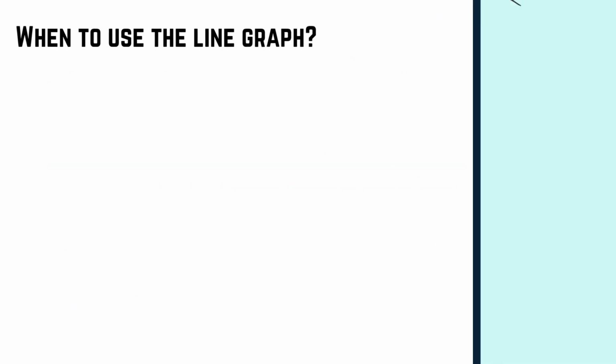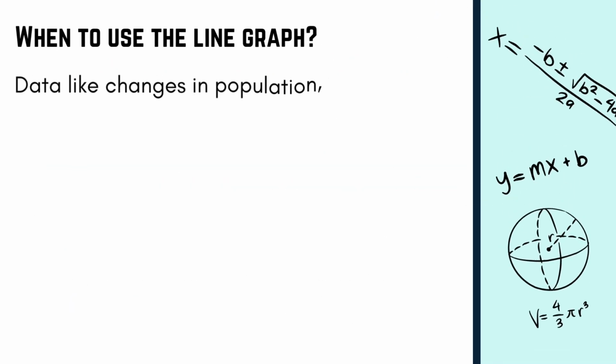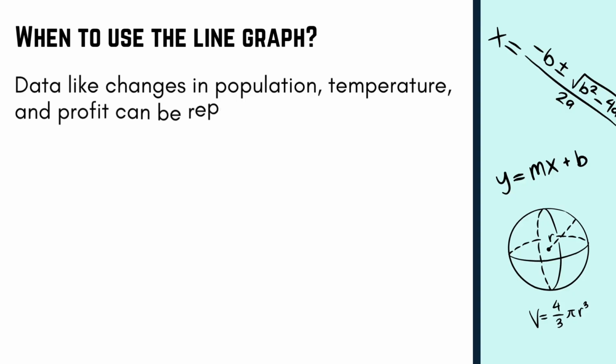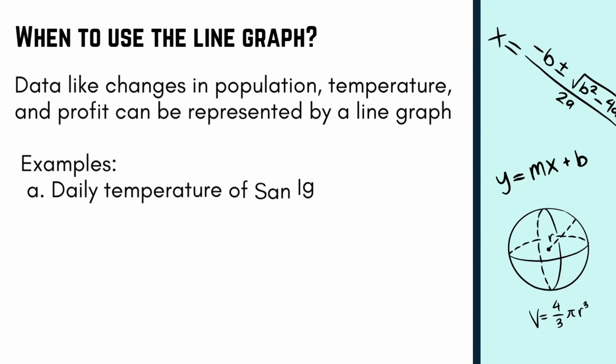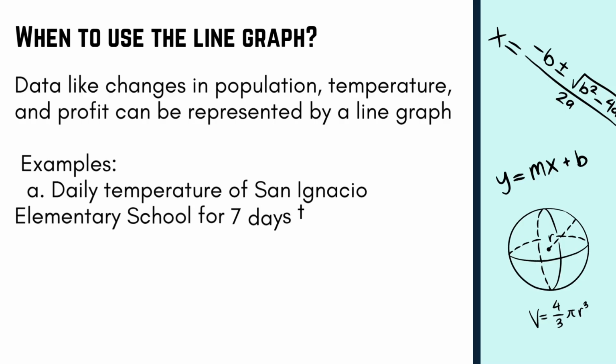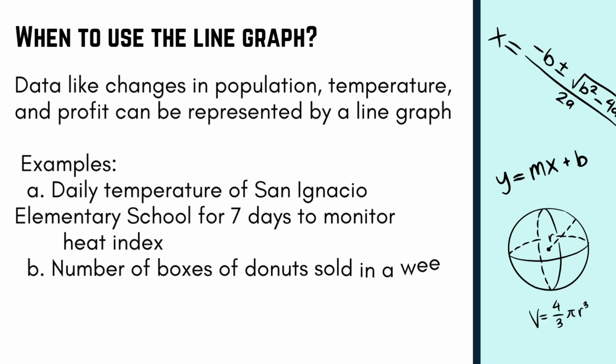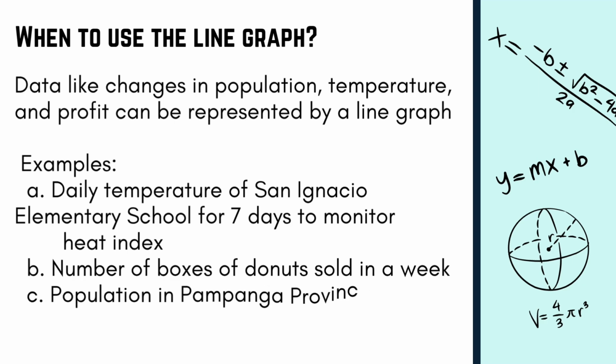Now, when do we use the line graph? Data like changes in population, temperature, and profit can be represented by a line graph. Example, the daily temperature of San Ignacio Elementary School for 7 days to monitor the heat index during summer. Number of boxes of donuts sold in a week. Population in Pampanga province for the period of 6 years.